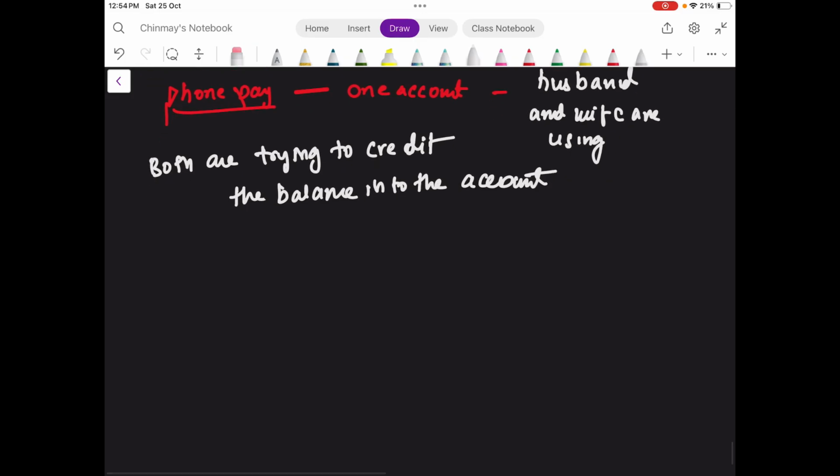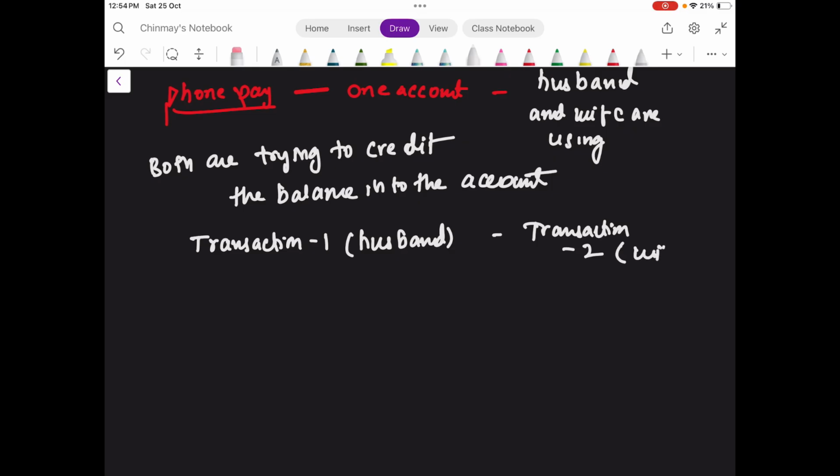Let's see. This is transaction 1, husband. Transaction 2, this is wife. At time t1, for example at 12 o'clock, transaction 1 checks the balance.